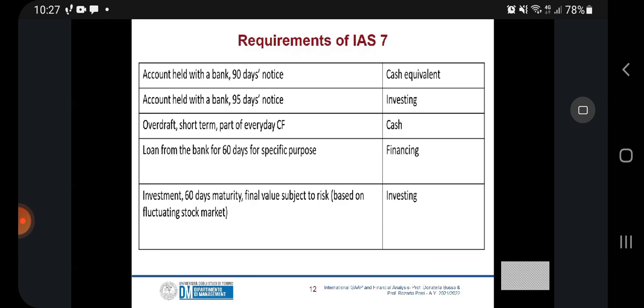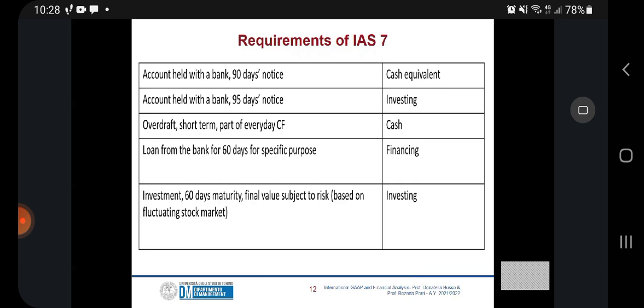You see, there is a very thin line that divides the deposits or accounts in banks. Either they will be categorized as investing if they are more than 3 months, even by 2 or 3 days, or if they are less than 90 days, they will be part of cash equivalents.